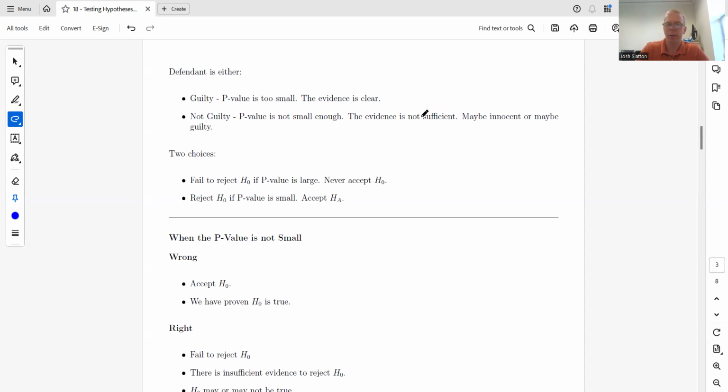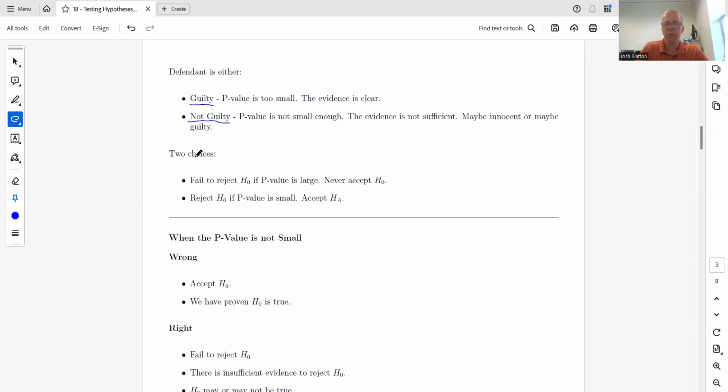Maybe they're innocent, maybe they're guilty. One thing to notice when interpreting these problems is that most of the time we say something is either this or it is not this. So we use guilty and not guilty. We don't use guilty and innocent. And we'll see this as we go along.